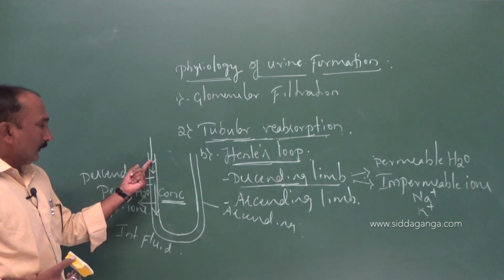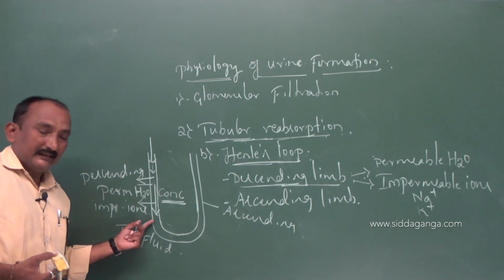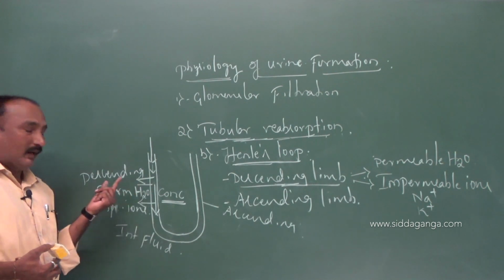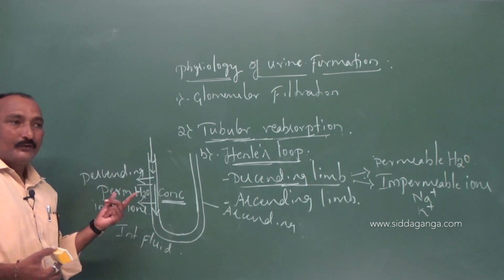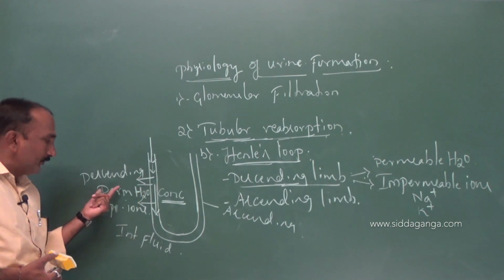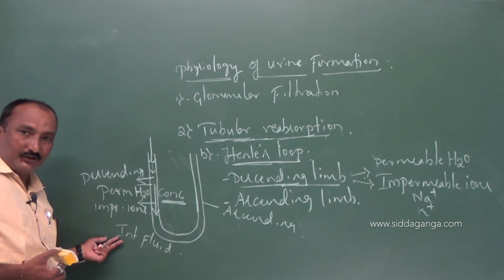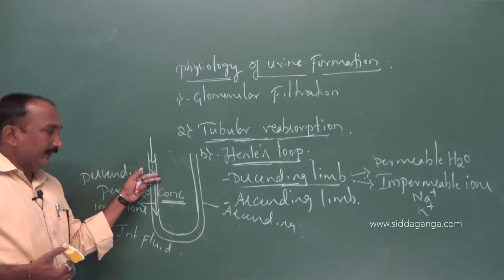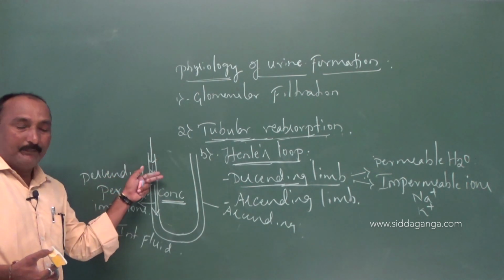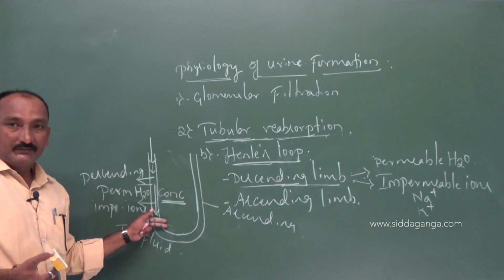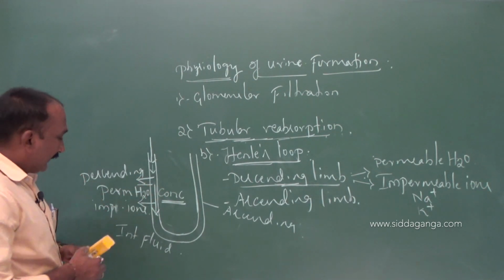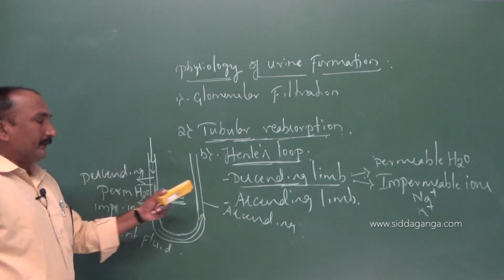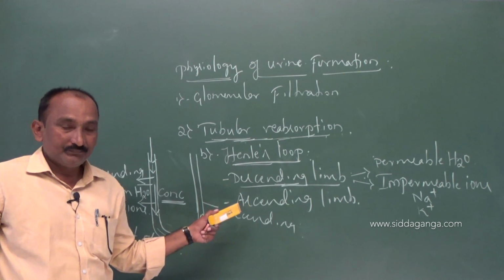Similarly, while the filtrate moves through the descending limb, because the descending limb is permeable to water, the water molecules will be reabsorbed into the interstitial fluid, so the filtrate in the descending limb gradually becomes concentrated. Such a filtrate moves into the ascending limb.